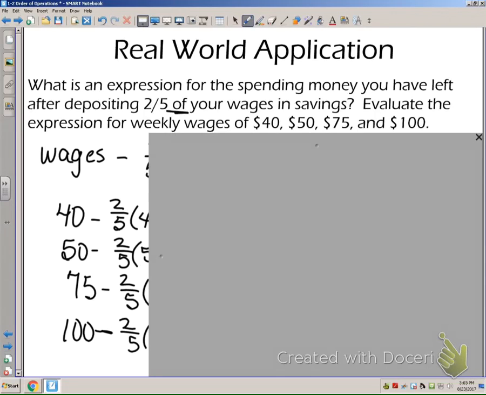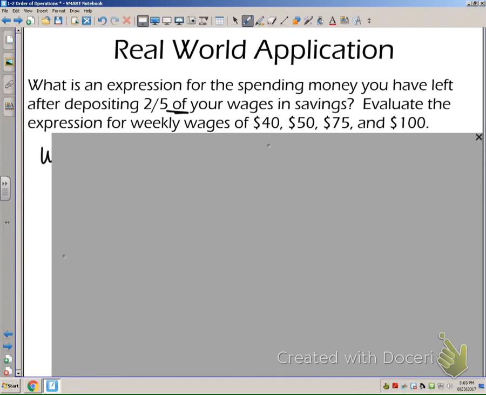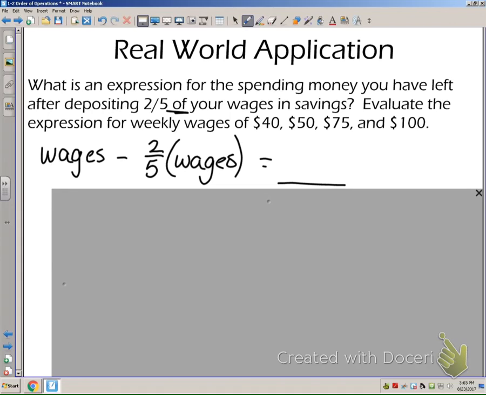So I set up some equations here. Let me do it this way first. The wages that I made, and then I subtract 2/5 of. Of means to multiply. So I take 2/5 and multiply it by the amount that I make, and that's going to give me my total.